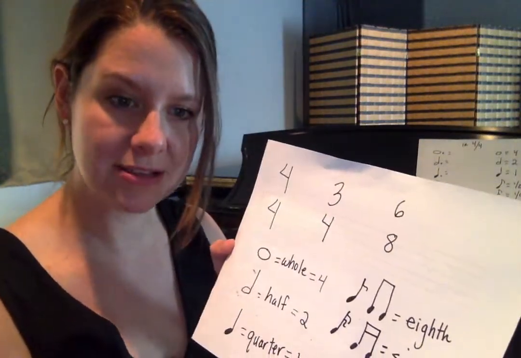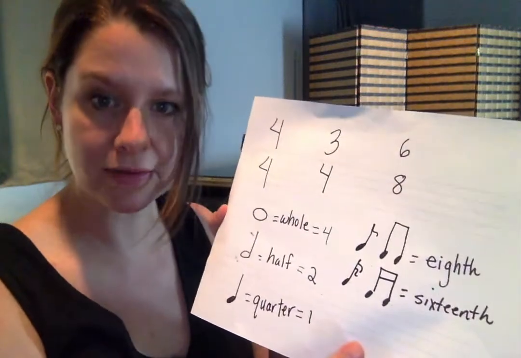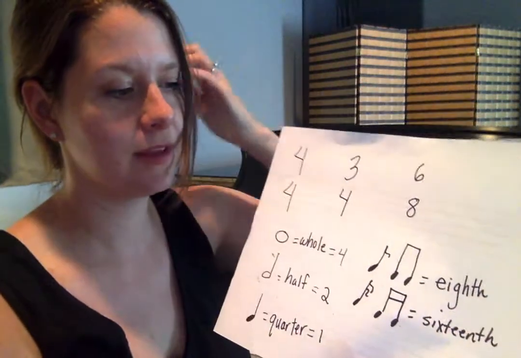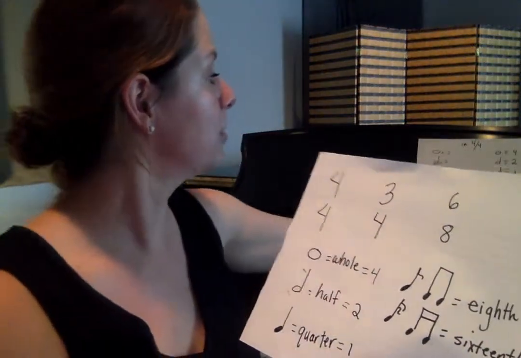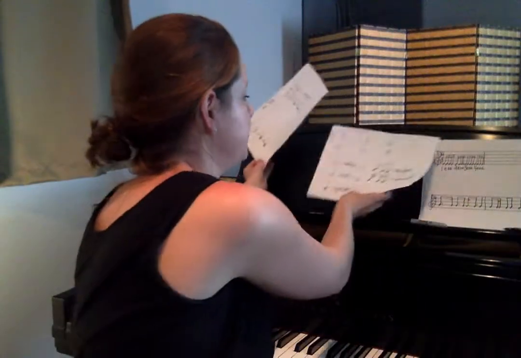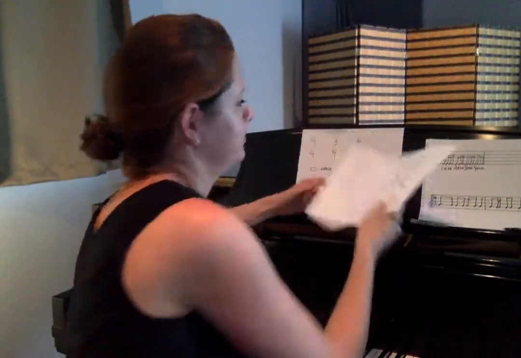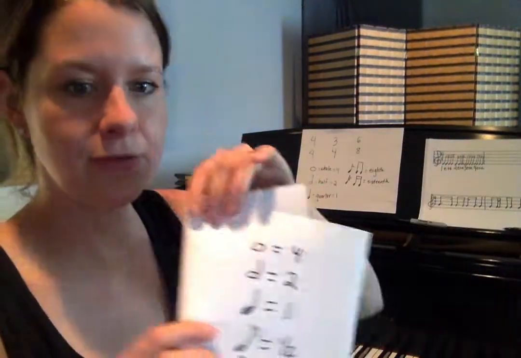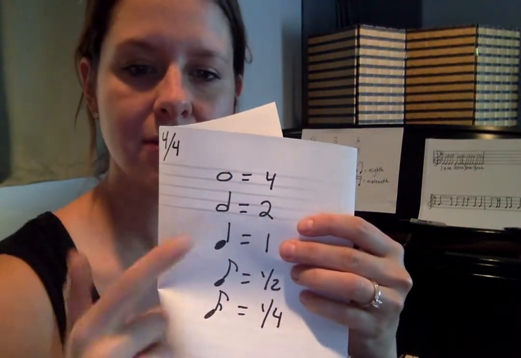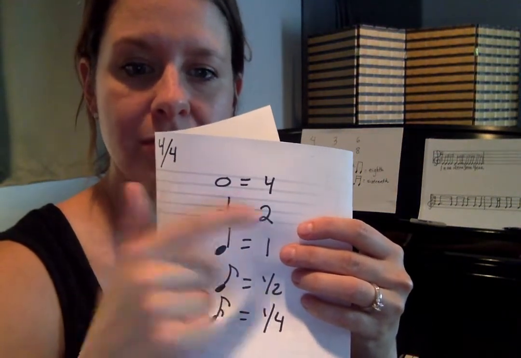Since 16th notes are so fast, you can fit a lot more of them in the space of a measure than you can eighth notes. An eighth note is worth half a beat if we're in 4/4, right? Let's look at this chart. If we're in 4/4, that whole note is worth 4 beats. The half note is worth 2 beats.